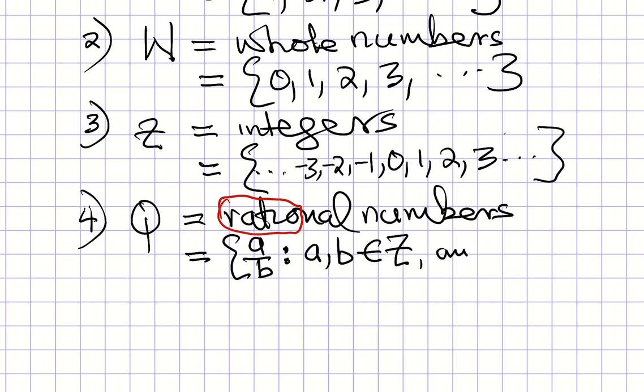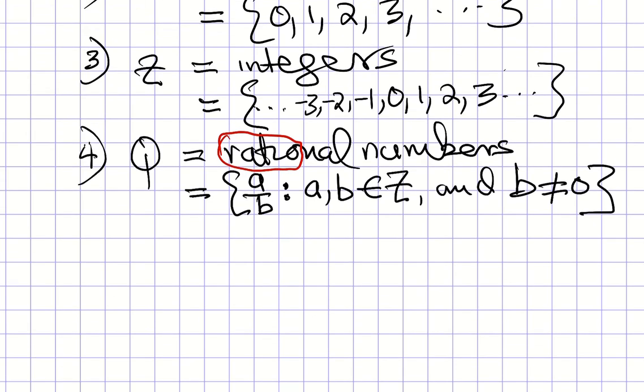And B is never zero. See, that's a set right there. I wrote it in abstract form, but you can write the same thing as A over B, where A and B are integers, right?